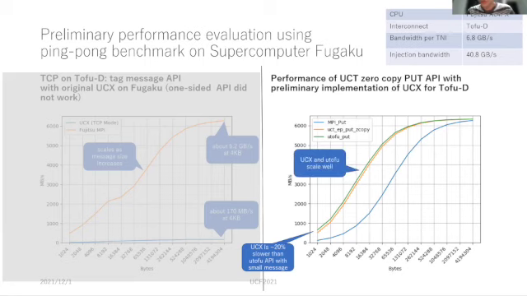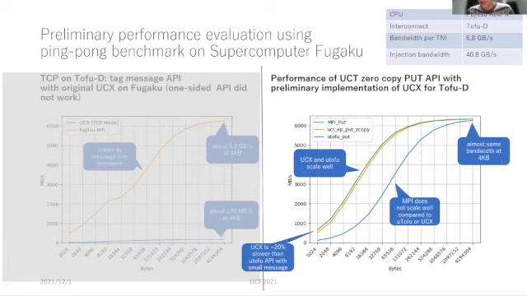If we focus on the scaling of UCX and UTOFU, both scale well, and they scale similarly. However, MPI does not scale well compared to UTOFU or UCX, because we need to do the window lock operation in MPI due to MPI's semantics. This results in the performance difference between these two. So this is one of the reasons why we want to use UCX or UTOFU in our planned task-based distributed framework.